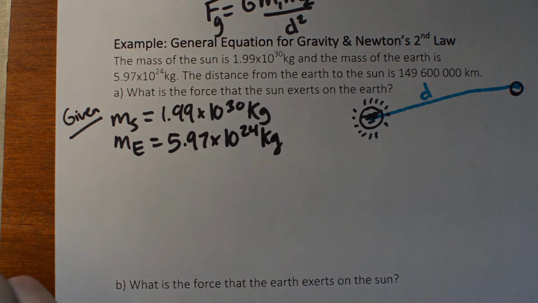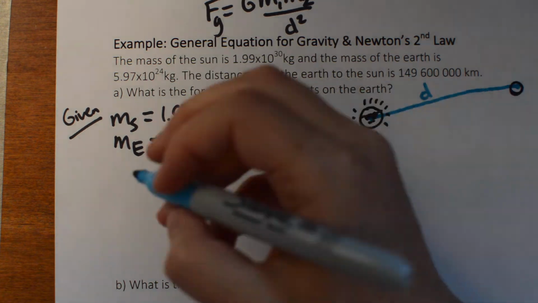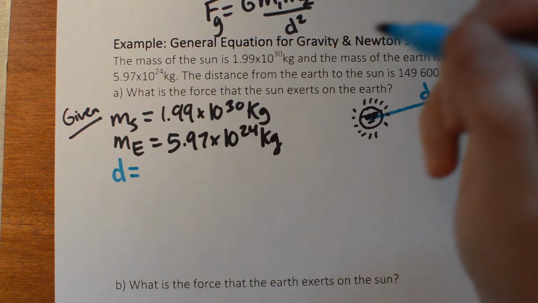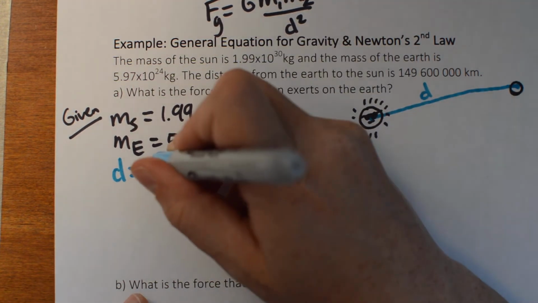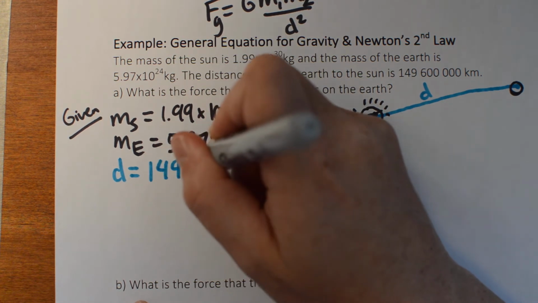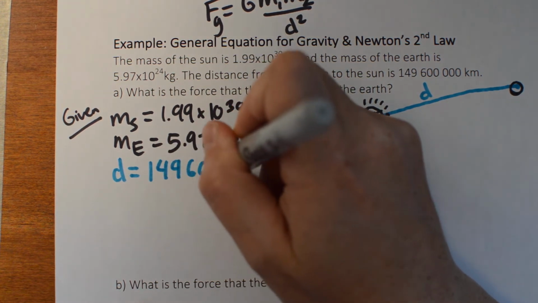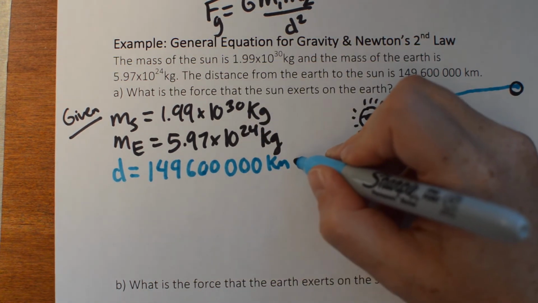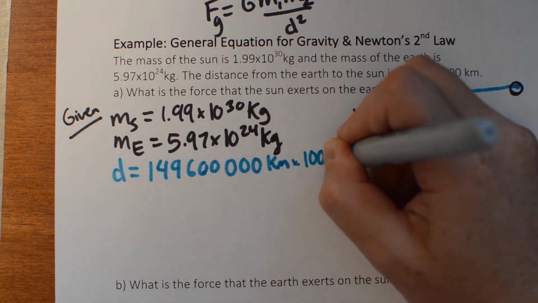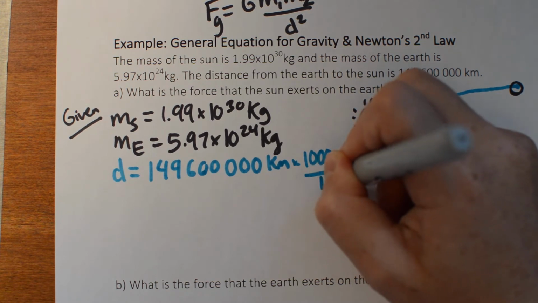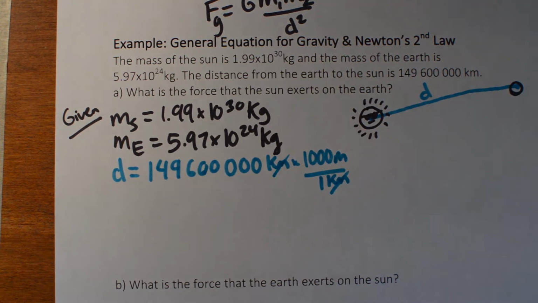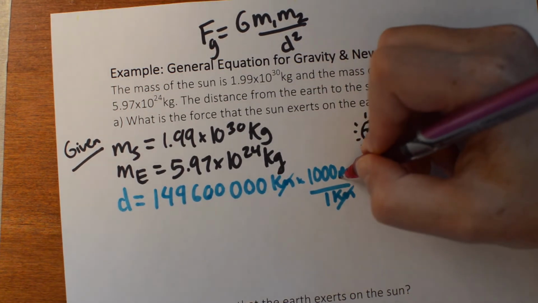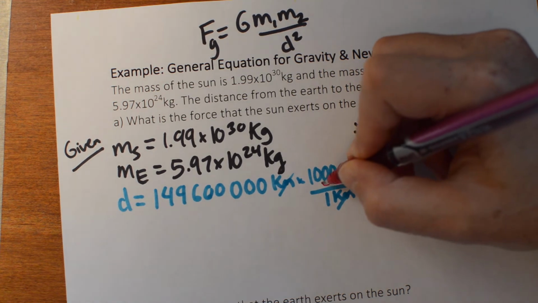And I know that distance between the two, d, that I labeled here, it's this insanely giant number, but we should probably convert this to meters, right? It's in kilometers right now. And that's not going to work. We need meters. So 1,000 meters is 1 kilometer. So that cancels my kilometers out. And let's just write this in scientific notation to make our lives easier. So let's see. If I slide my decimal place from here, there's 1, 1, 2, 3.